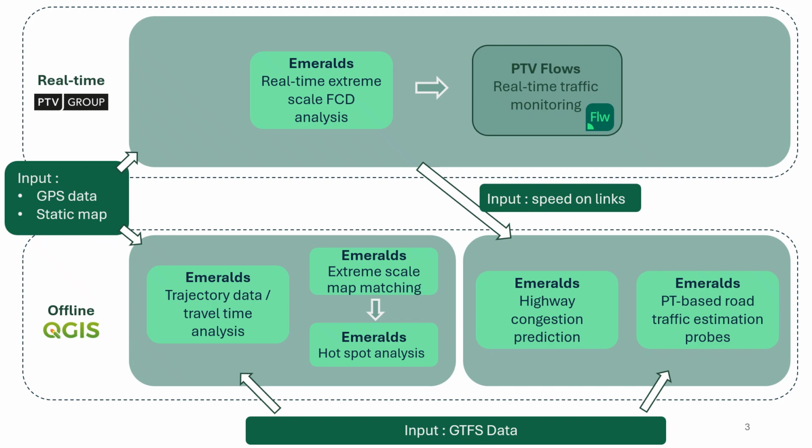And then at the bottom right hand side, MOLs are fed by the output from the real-time FCD analysis, so specifically the speed on links. And these MOLs are highway congestion prediction and public transport-based traffic estimation, which actually uses GTFS data as primary input. The GTFS data are from public buses in York.